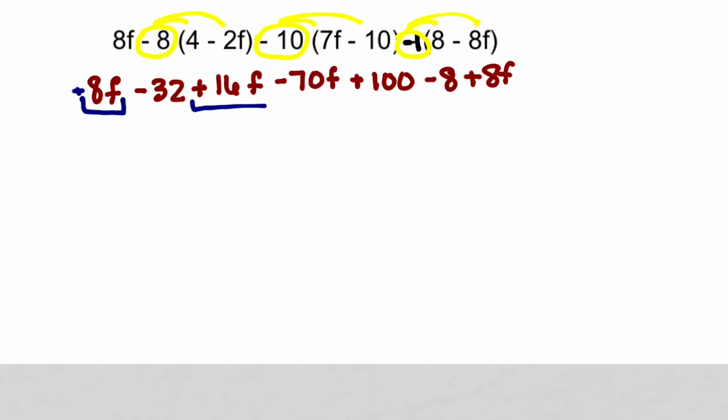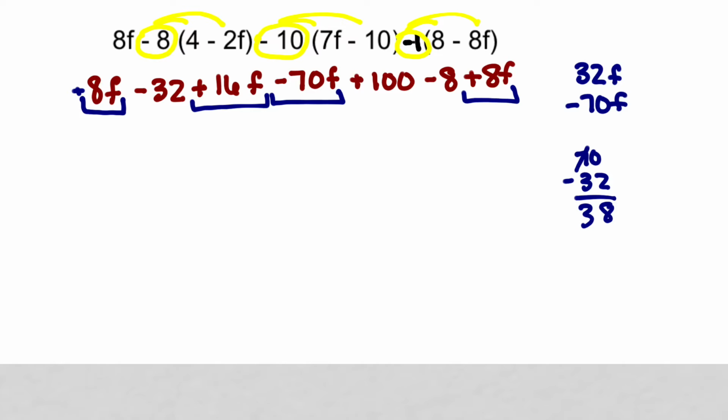I have a positive 16f, a negative 70f, a positive 8f. So let's see, when I put all those together, 8 and 16 is 32. So I've got 32 positive f's and negative 70f. Same sign, different sign? Well, they're different signs, so I'm going to subtract. I've got 70 minus 32.